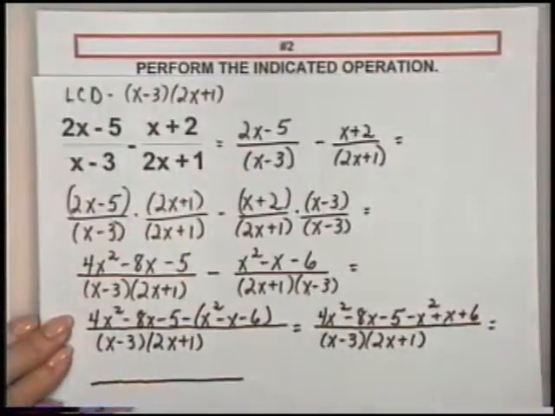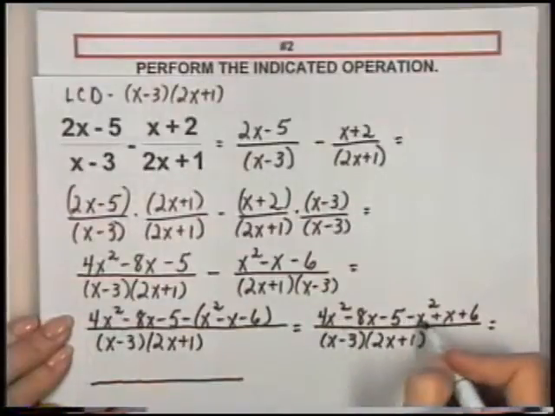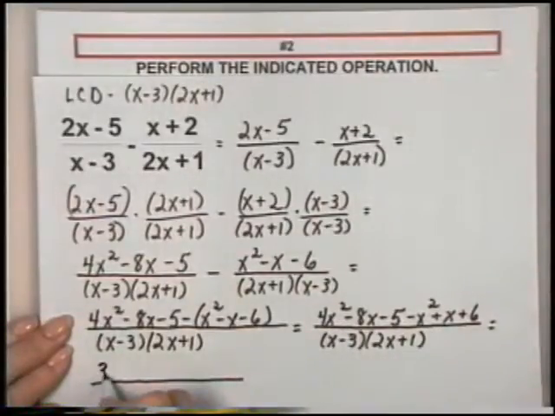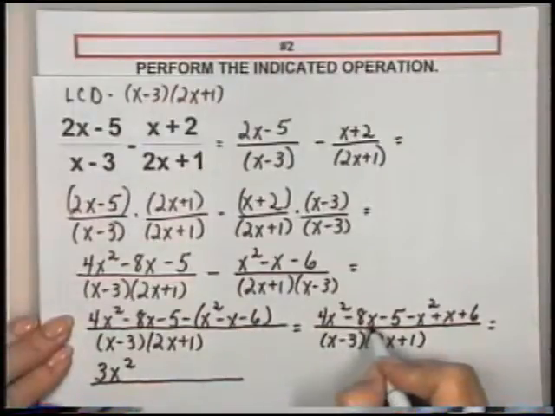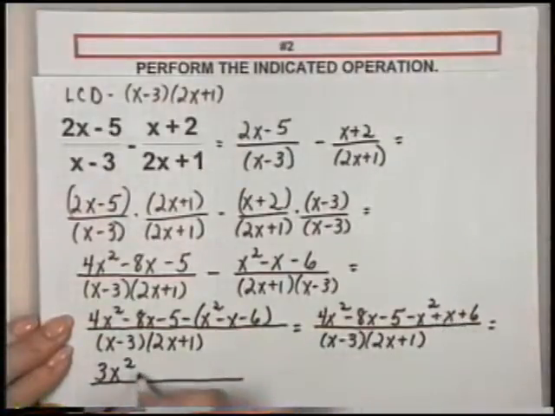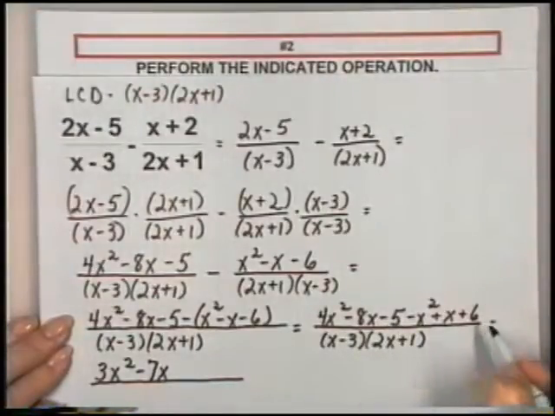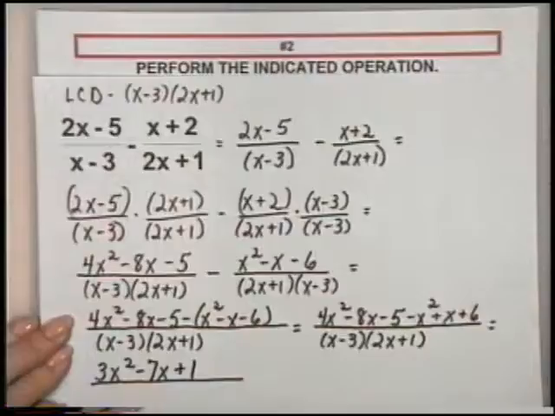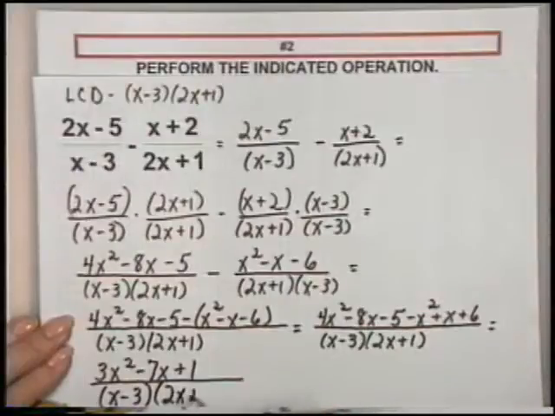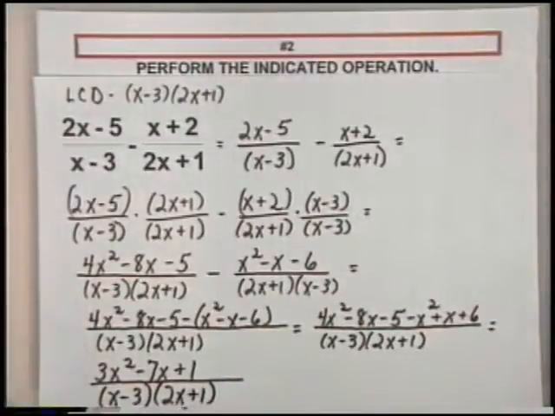Now I may combine like terms in my numerator. 4x squared subtract x squared gives me 3x squared. Negative 8x plus x will give me negative 7x. Negative 5 plus 6 will give me a plus 1. And let's write my denominator in factored form.